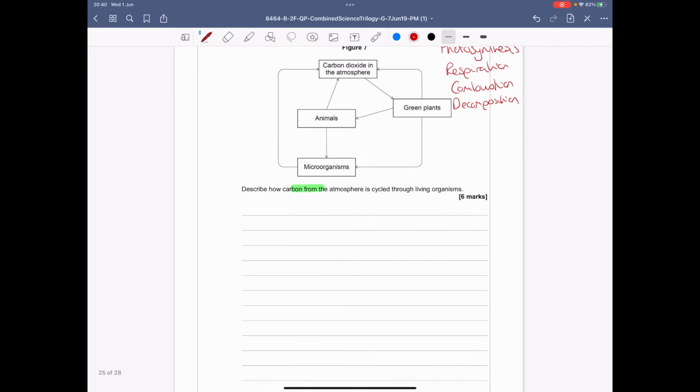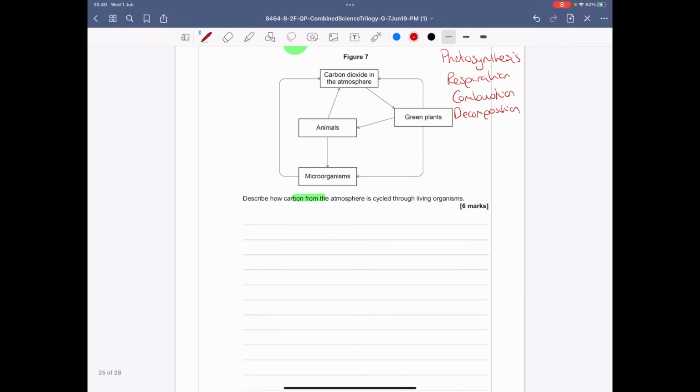So, starting off then, carbon dioxide moves into the green plants for photosynthesis. Point 1, CO2 moves into plants for photosynthesis. And the whole point of photosynthesis is to make glucose.